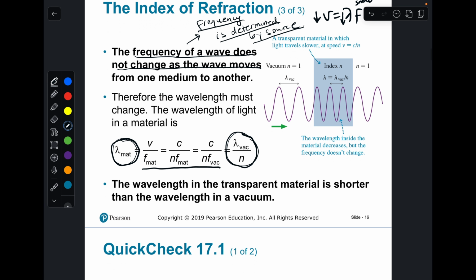Take some time to examine these relationships to fully convince yourself of this. So if the velocity decreases when you enter a new material, the wavelength is going to get smaller. It's going to get shorter.